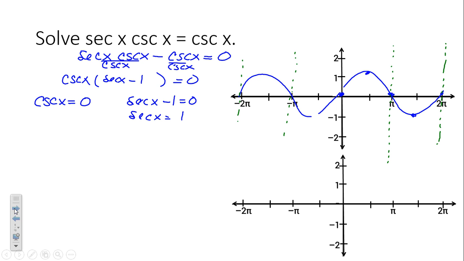And then we say, okay, that's what cosecant is going to do. It's going to follow those guidelines. So is cosecant ever going to be equal to 0? No. So there's not an answer here. Okay? That's not happening.